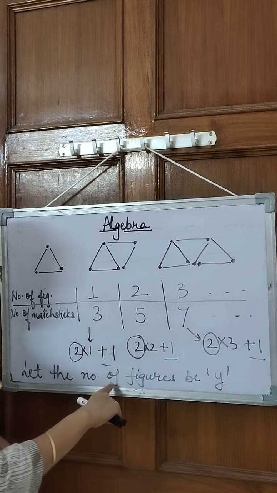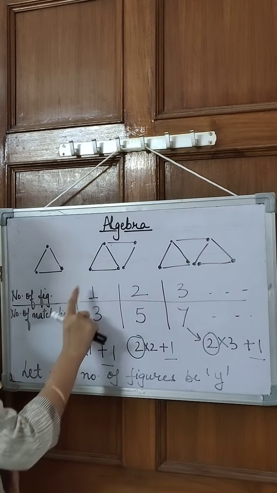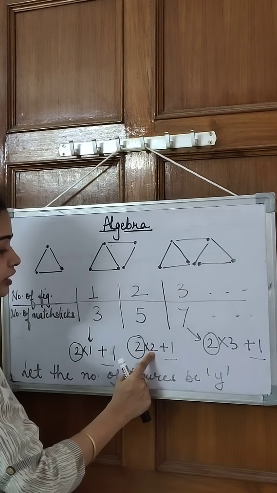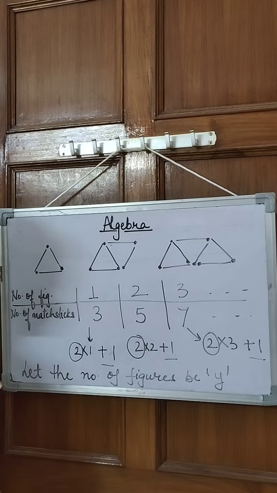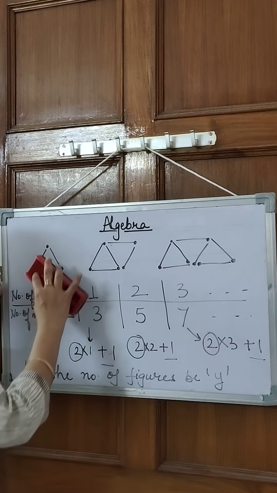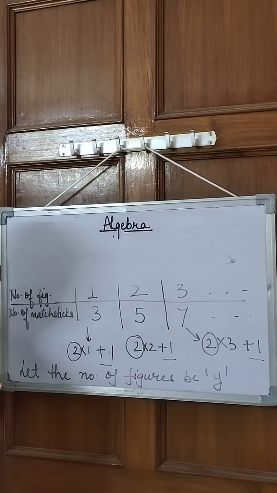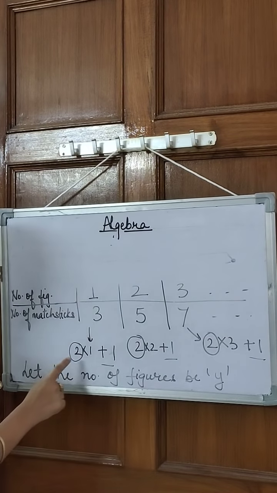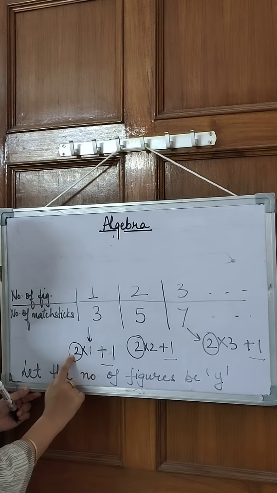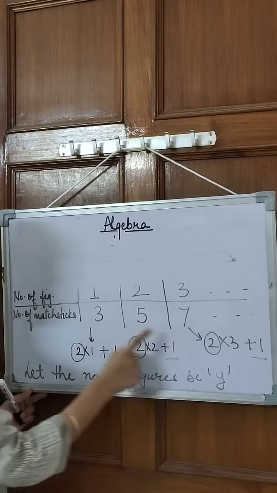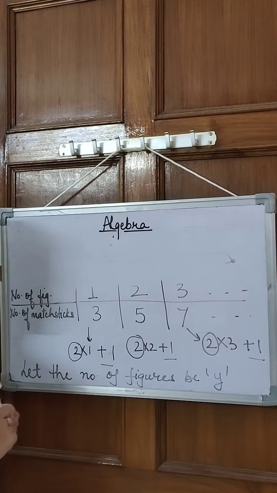So if I am saying the number of figure 1, so I am taking 1. When I am saying 2, I am taking 2. So when I say y, what should I do? I should take y here. So what I will be getting if in general I take this? If I put y here or 1 here, I am getting number of matchsticks. I put 2 here, I get number of matchsticks. I put 3 here, I get number of matchsticks.